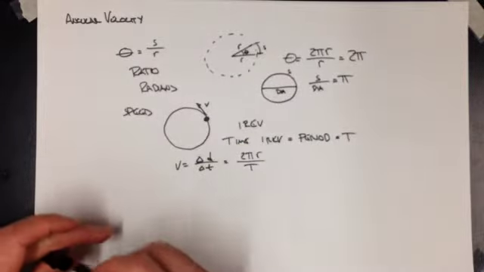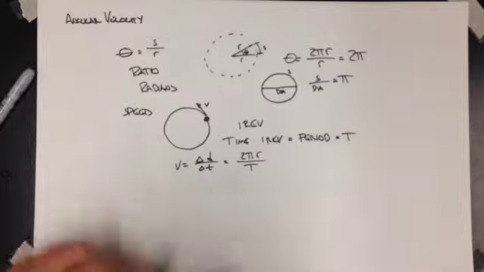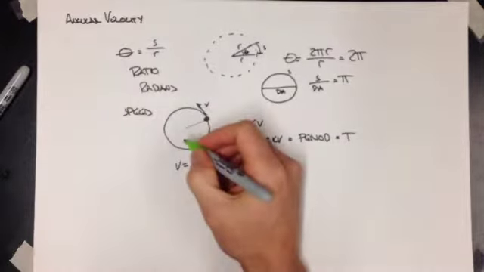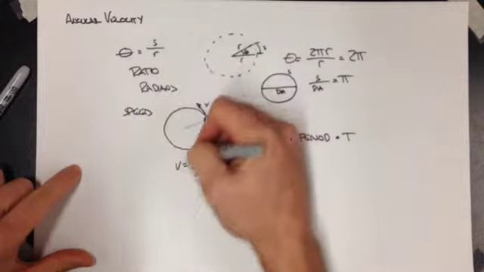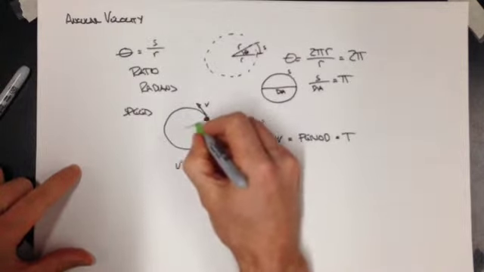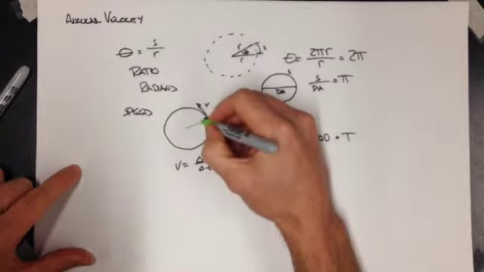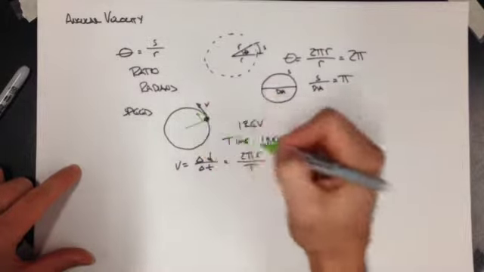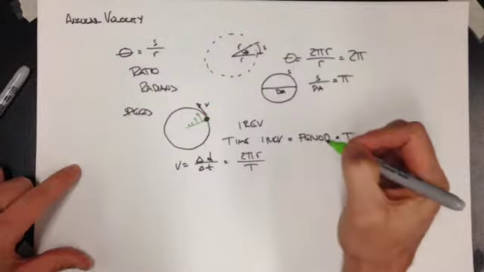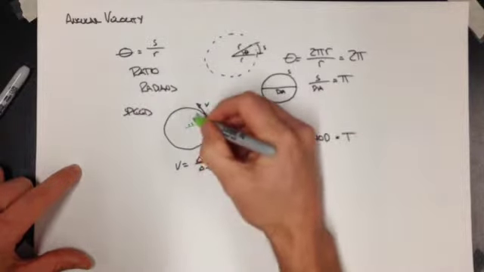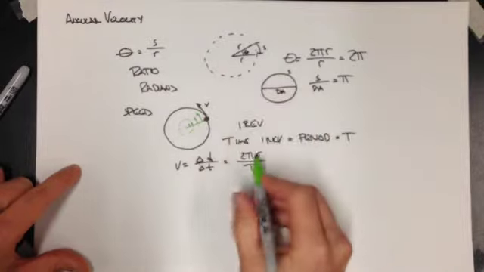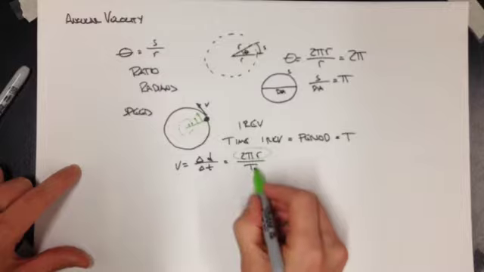But now, what if we have, let's say, like a record player or something like that going in a circle. So as this record player goes in a circle, any point along this line that I've drawn here is going to have the same period, but the velocities are going to be very different because they're traveling, let's say, at an inner radius, traveling a shorter distance over the same amount of time.